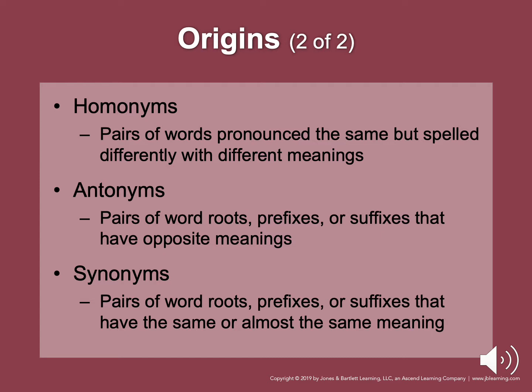Examples are EU, which is good, or MAL, which is bad. Synonyms are a pair of word roots, prefixes, or suffixes that have the same or almost the same meaning. So pneumonologists and pulmonologists both mean the lung.